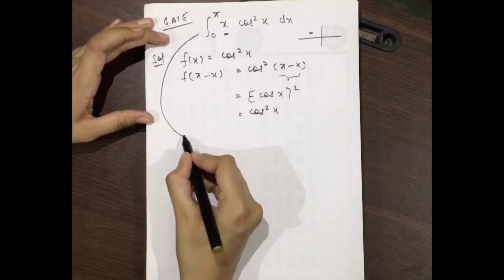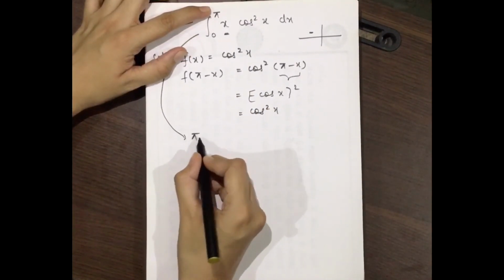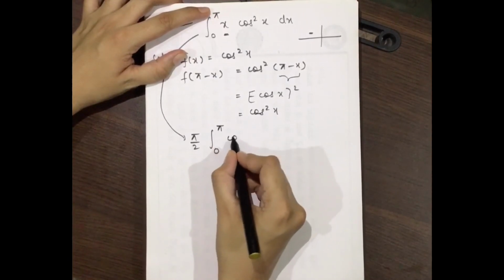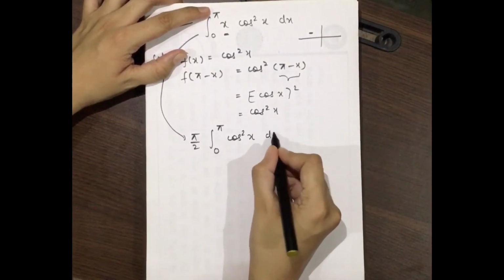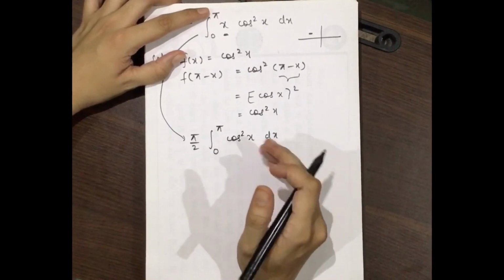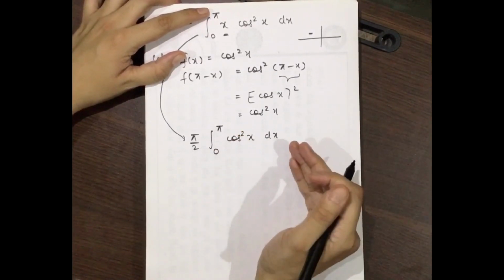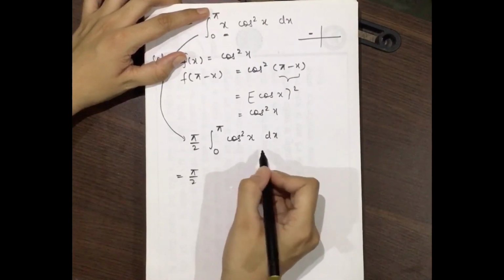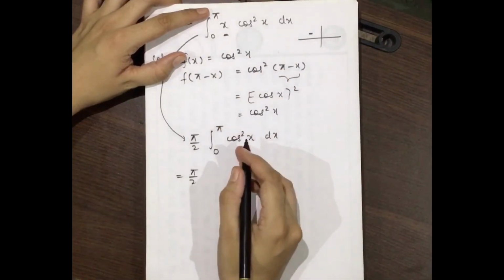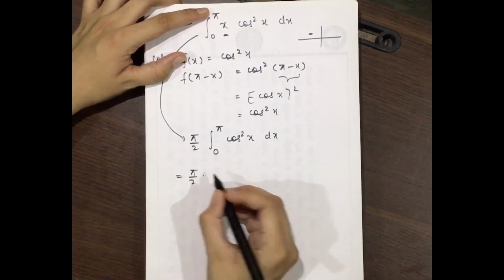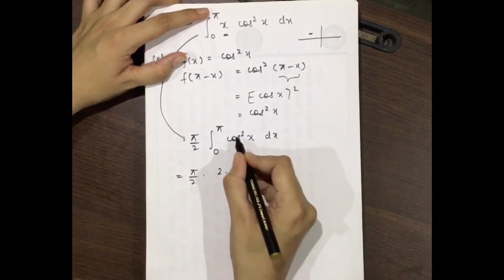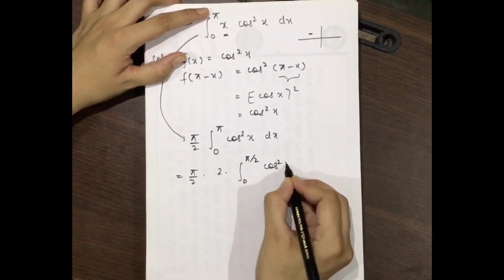So we got this condition, so we can write it as pi by 2 into 0 to pi cos square x. We have eliminated that x term. Now again we can apply another property, like see, we have already discussed that f of x is f of pi minus x, so we can easily write that 2 into 0 to pi by 2 cos square x dx.